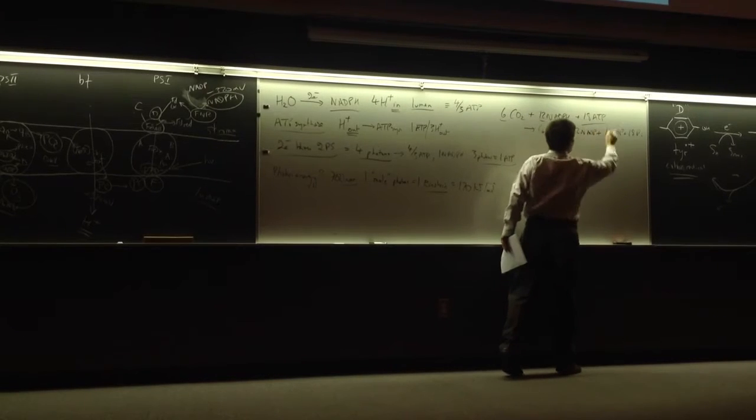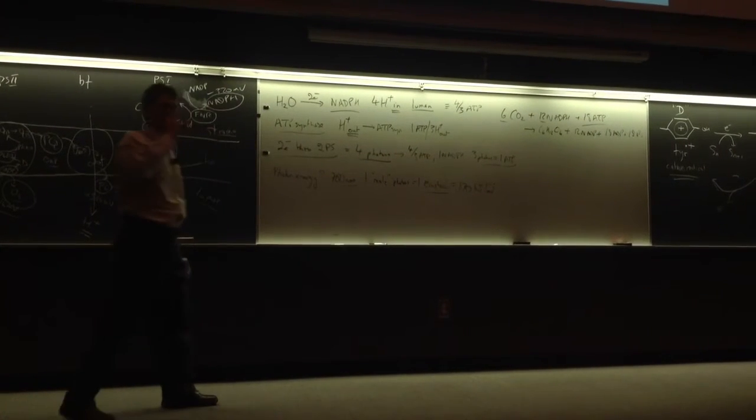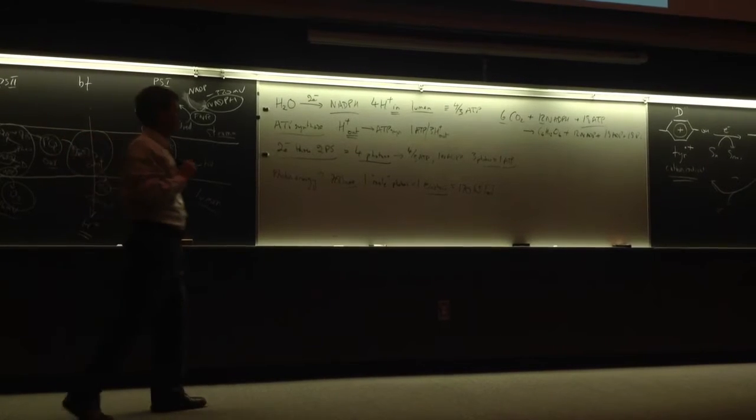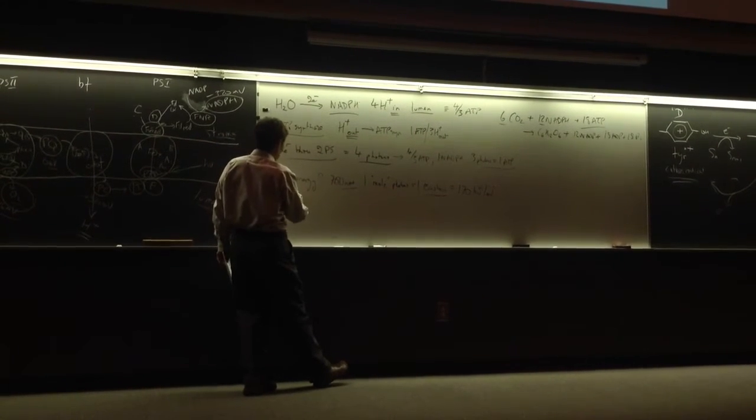So 18 ATP is what we need to generate 1 glucose.